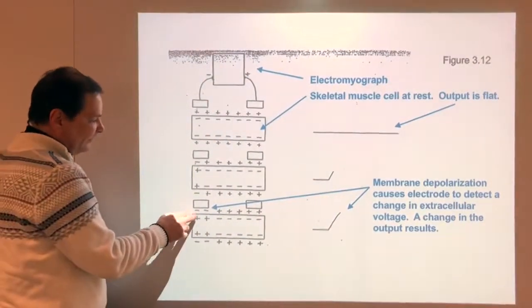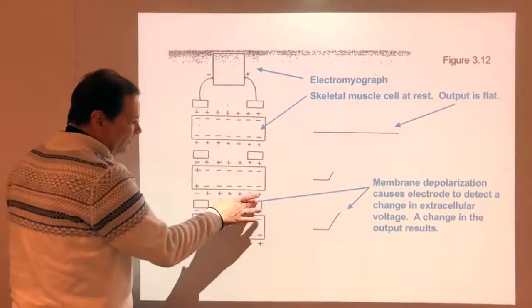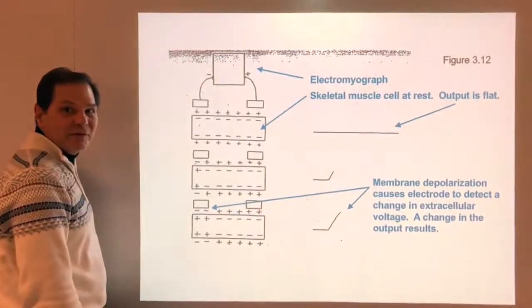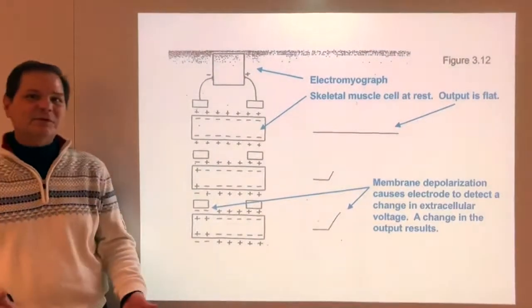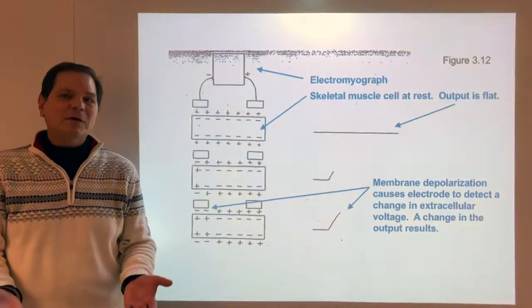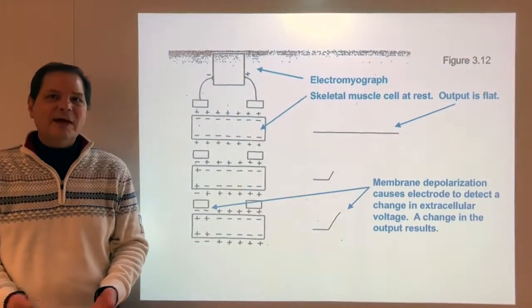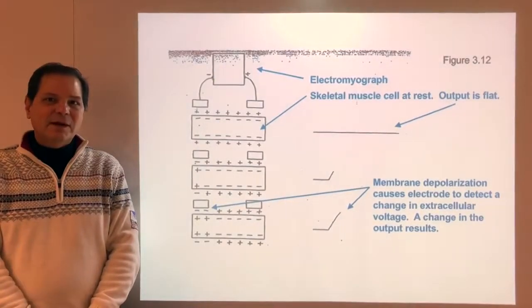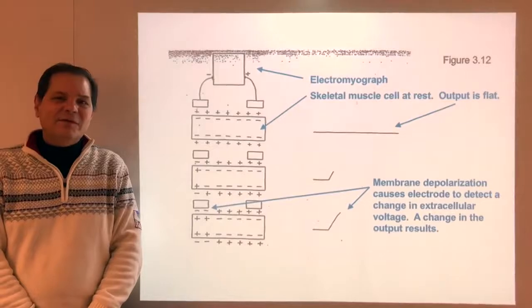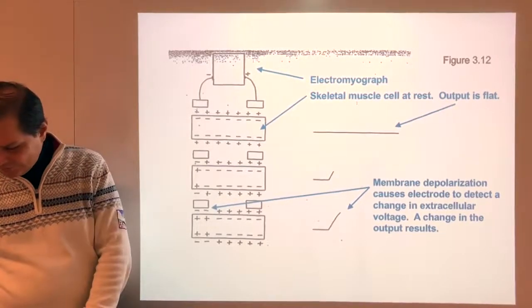And then as repolarization takes place, you actually get a negative deflection, and it'll return back up toward where it started. That was just a very brief review, just to remind you guys of how it works. I don't think it's necessary to go into a whole lot more detail than that. If anybody wants you to use them, they'll describe it, and if you need more detail, you'll get more detail at that point.